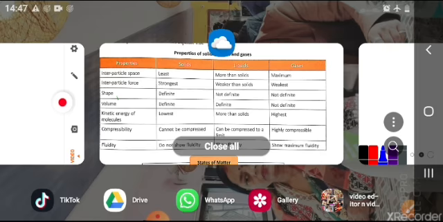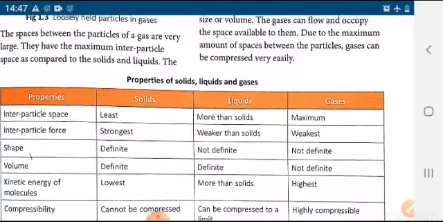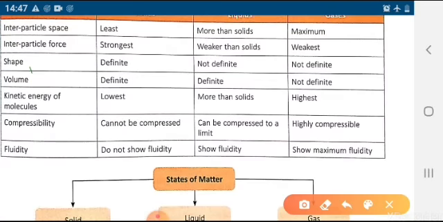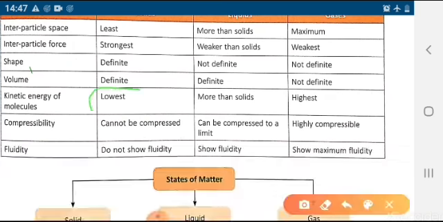Further, moving to the next point, kinetic energy of molecules. In this, you can see that in case of solid, it is lowest, whereas in case of gases, it is highest.